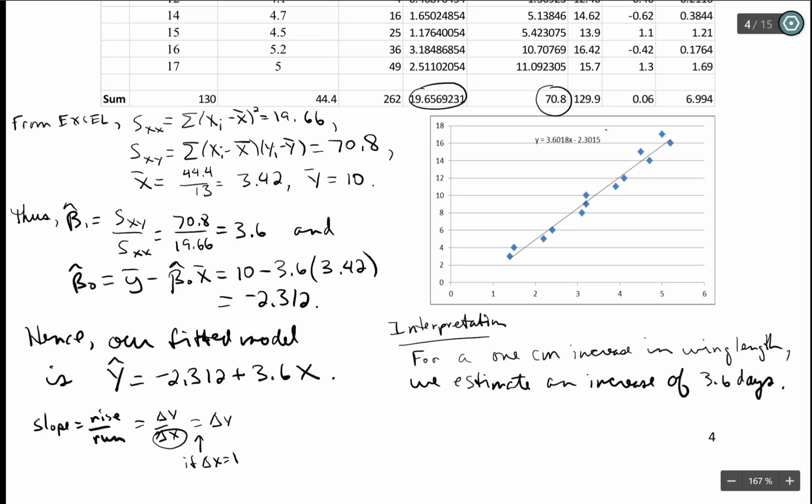Okay, that's our interpretation in the model.